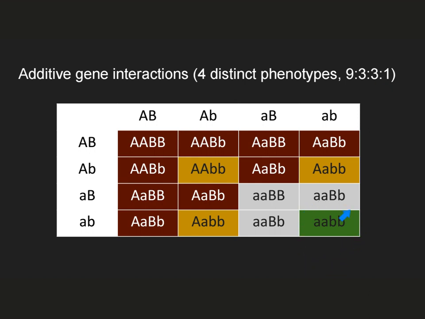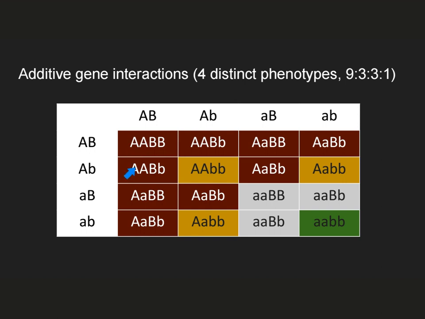So the first one that I always like to start with is, what do I do with this 1 here? Well, there's usually this one special square, which is the case where for both genes, this individual is homozygous recessive. So let's call green the one that we saw the one of, the homozygous recessive. And now for the 9, I saw 9 brown lentils as a result of the F2.